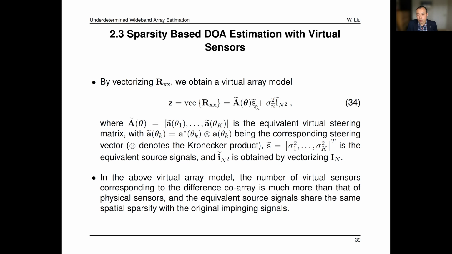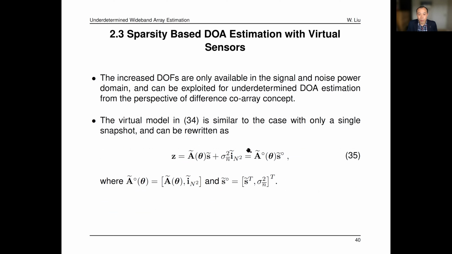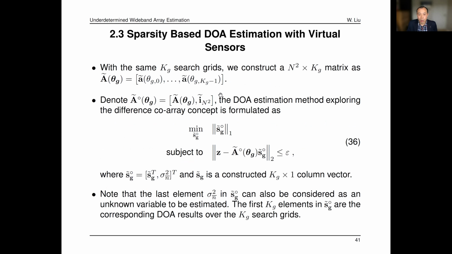So you can use spatial smoothing and then apply the MUSIC algorithm to do DOA estimation. But here we are focused on the sparsity-based solution. So we construct this overcomplete dictionary, this virtual steering matrix, and then use a sparsity-based formulation to find the DOA results.